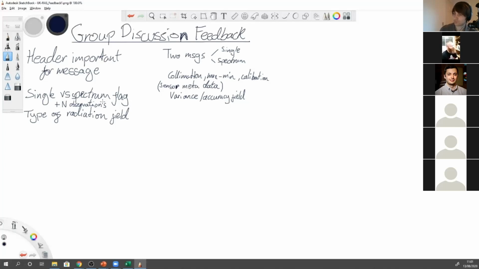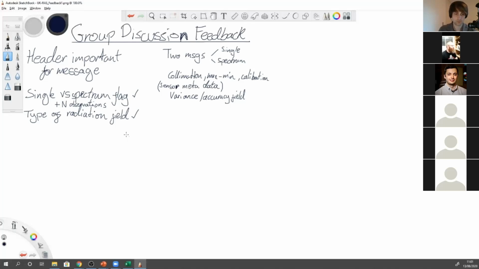There could easily be a sensor that can do both a dose rate as well as a spectrogram, and sometimes you might not need the spectrogram for your data, so you might configure your sensor to not transmit that message. So it's important to have in the standard what those data flags are going to be.